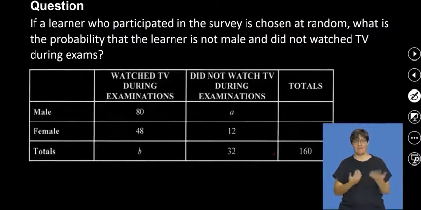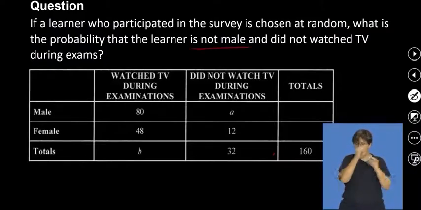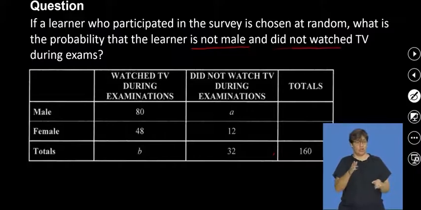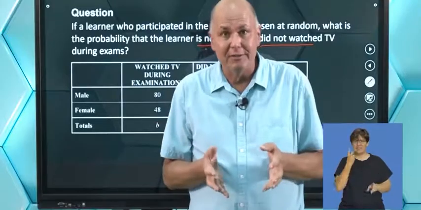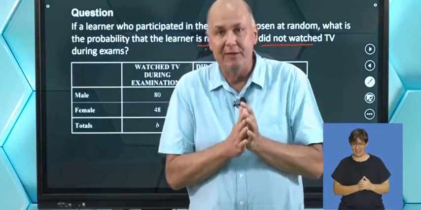So if a learner participates in the survey, what is the probability that the learner is not male and did not watch TV during the exams? Now guys, this not and can be so confusing, but really it's not difficult. So let's be very clear about it.